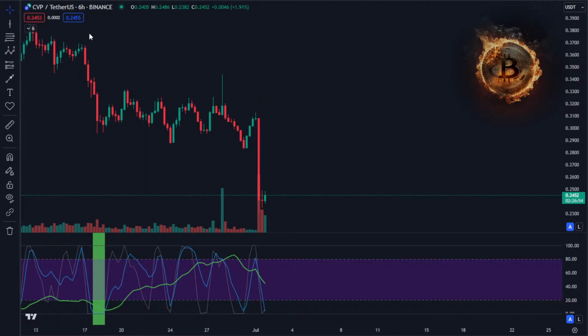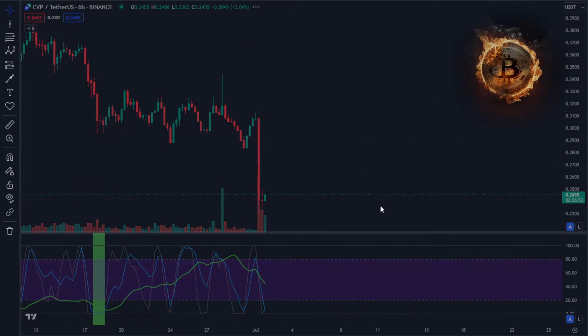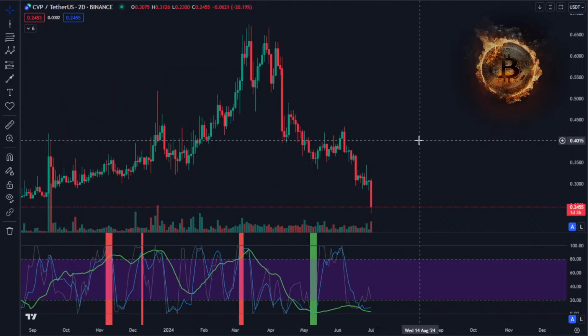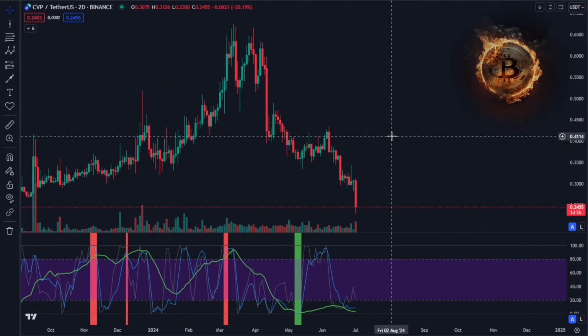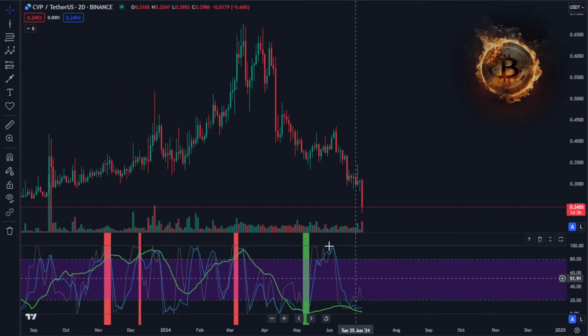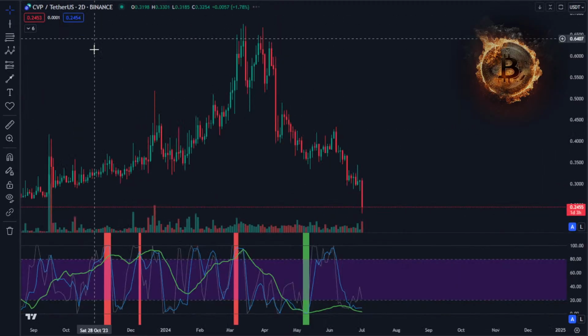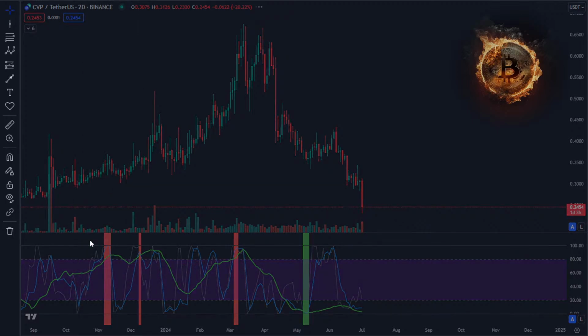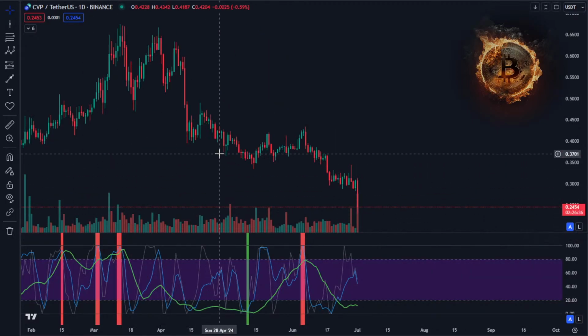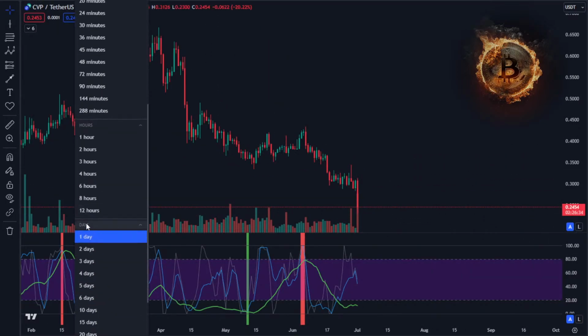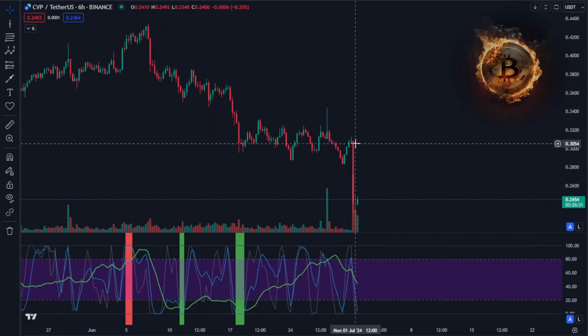And CVP is looking very similar, I'm guessing, or actually a bit different, because it didn't have this fake up. I wouldn't touch this one.